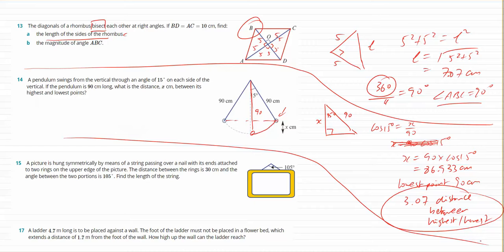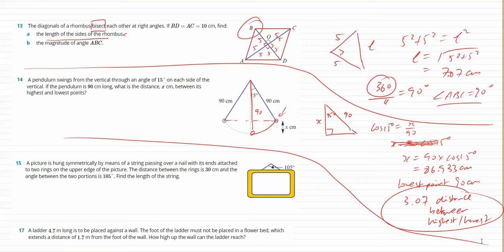Question 15. A picture is hung symmetrically by means of a string passing over the nail. We can see that the two sides are equal. It says symmetrically, meaning it's an isosceles triangle. Let's read the question.